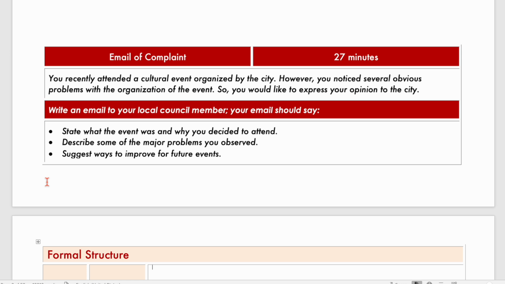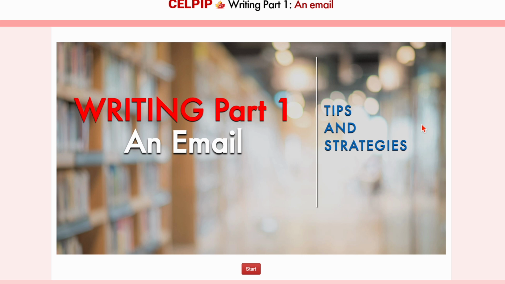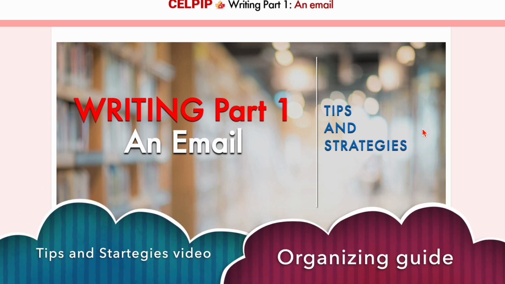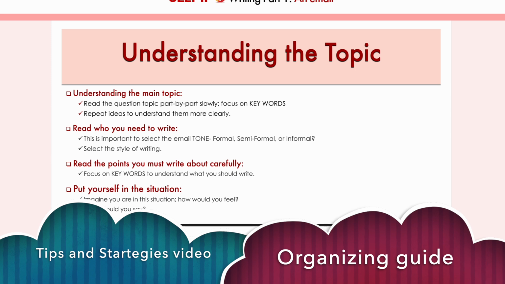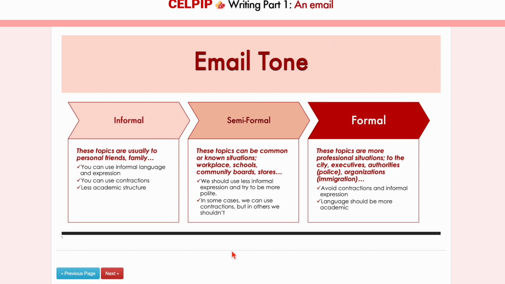so the first part, okay, everyone, let's remember that I will be organizing according to our tips and strategies guidelines. Now I'm just going to go here to the important part. Again, if you want to watch the video about explaining this tips and strategies guide, then you should watch that video.